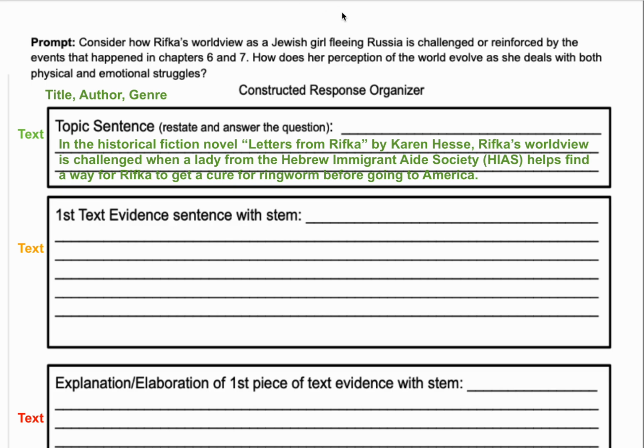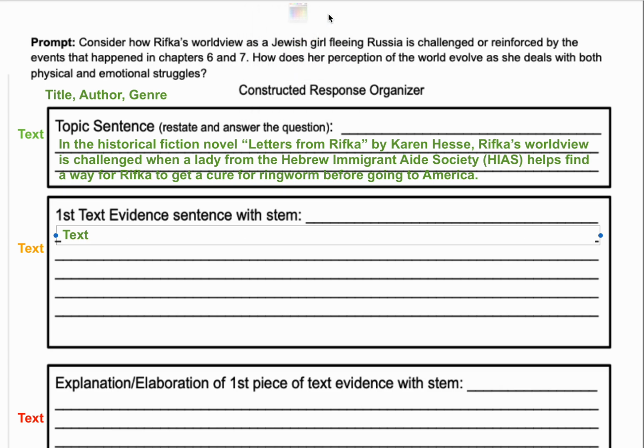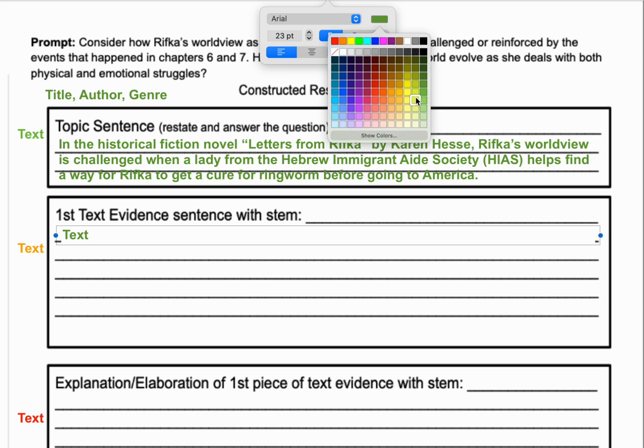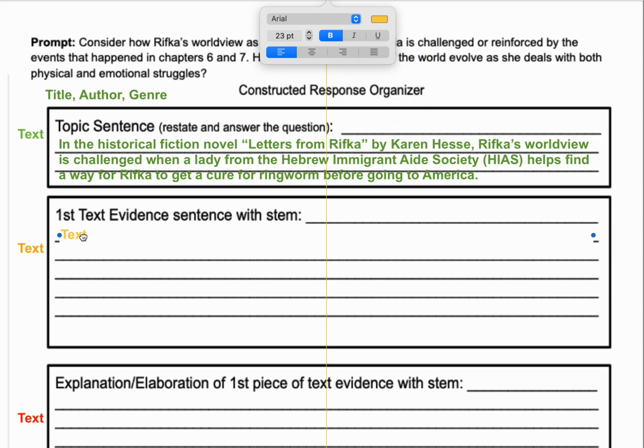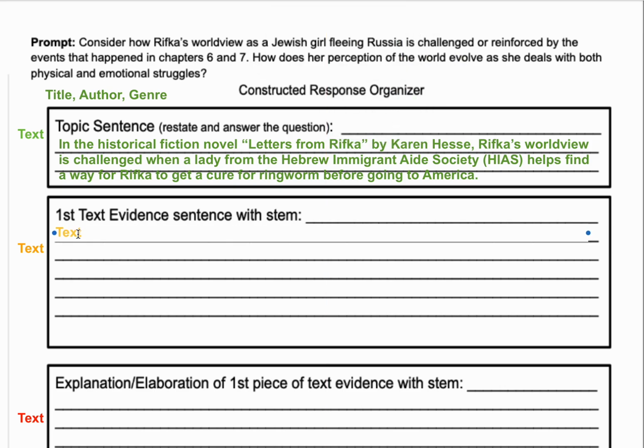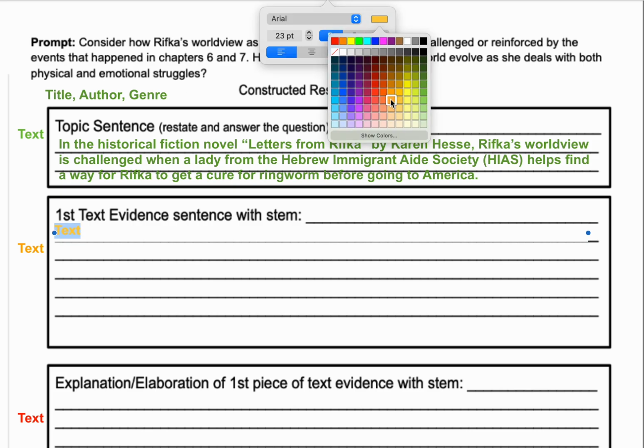Now, we're going to move on to our first piece of text evidence with an evidence stem. But before we do that, I'm going to focus on giving a little bit more information about what's going on in the story. So we're going to start out and we're just going to write about how Rifka is often pretty scared of people because her family has always been threatened.